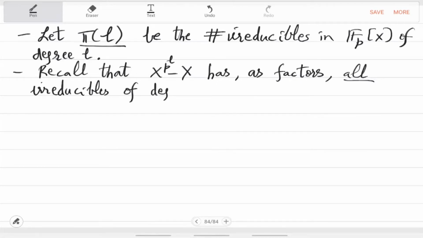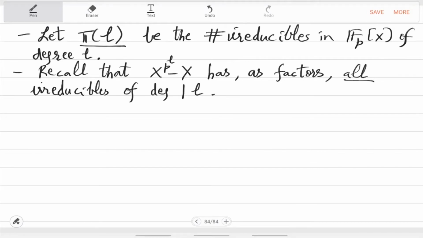That is what we deduced before in the Cantor-Zassenhaus analysis or somewhere. So L, but also the factors of L. All those irreducibles, when you multiply them, you exactly get x to the p to the L minus x, right? This is without repetition. They are dividing with multiplicity 1.